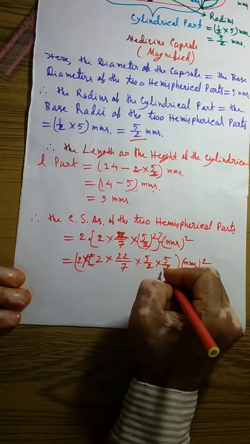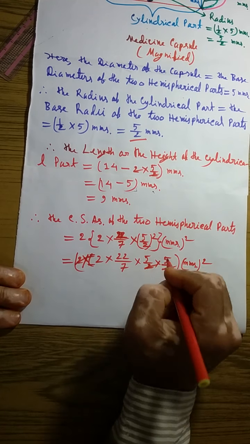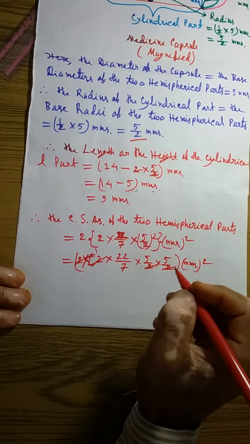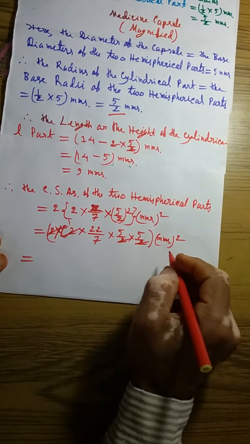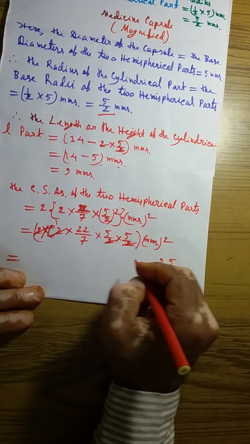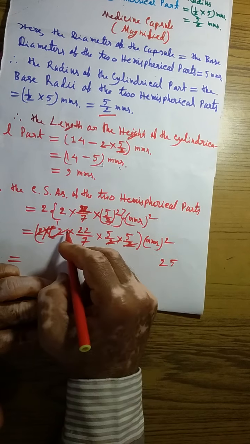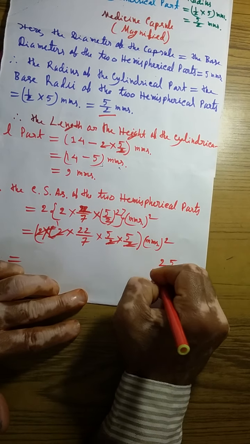Now do cancellation here. These two will be cancelled. 2 1 are 2, these 2 1 are 2. So after that we have got 5 5 are 25, 5 5 are 25, and this is 22.